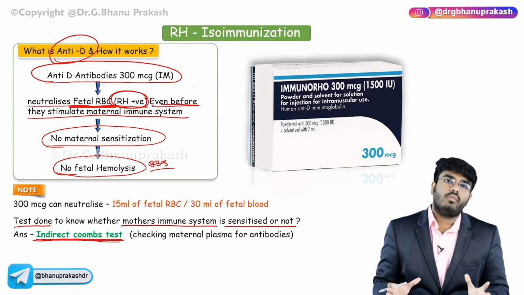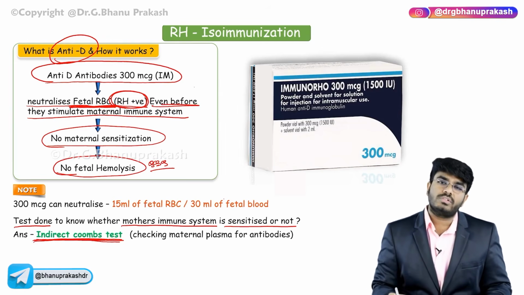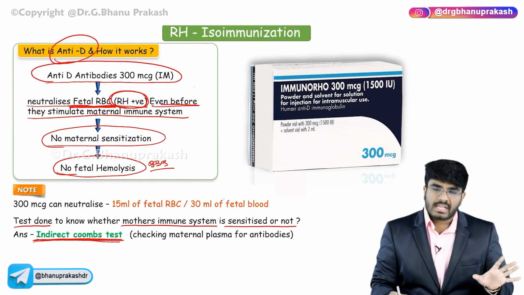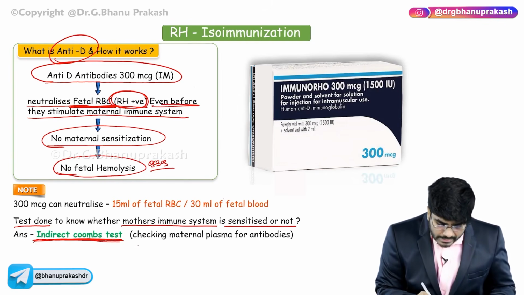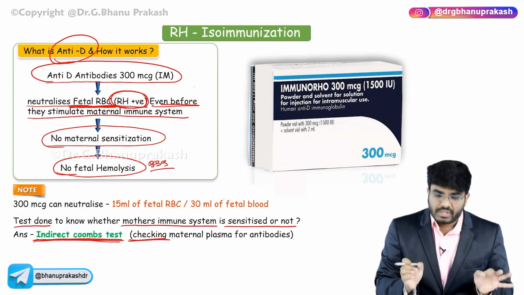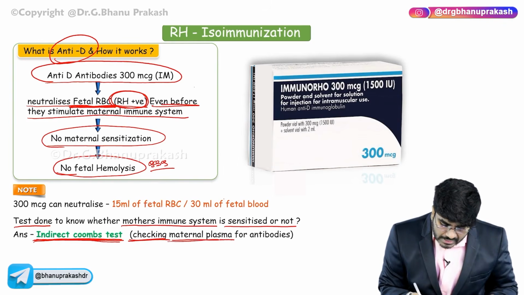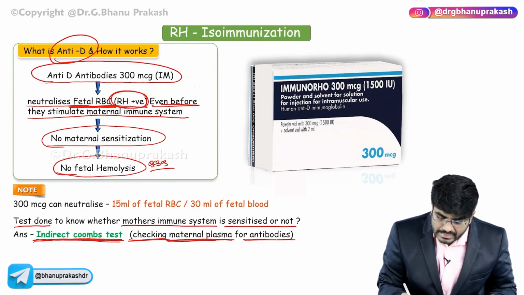So your anti-D is going to work only if the mother's immune system is not yet sensitized. You want to know whether the mother's immune system is sensitized or not, so what is the test you are going to do? The indirect Coombs test. By doing this test, you are checking the maternal plasma for anti-D antibodies.